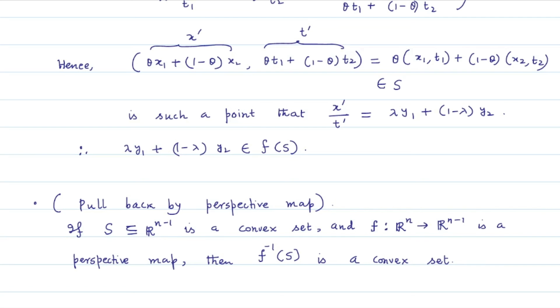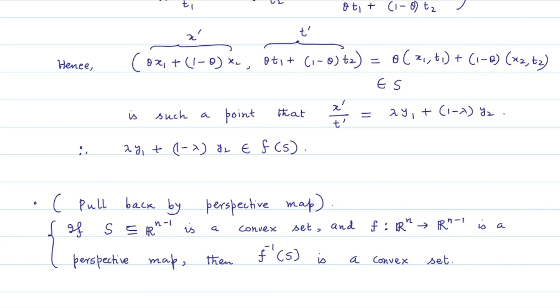Now, although this result is not a bit trivial, I would like to keep it as a home task, that you play with the variables, convex sets and perspective map and try to figure out the proof of this result. I positively hope that you will be able to do it.